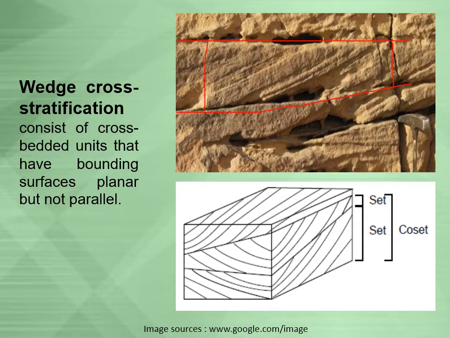In this block diagram, you can also see that the thickness here and here is not same. Also here is not same. So this individual bed of cross stratification is known as set, and successively one or more than one sets composite a coset.